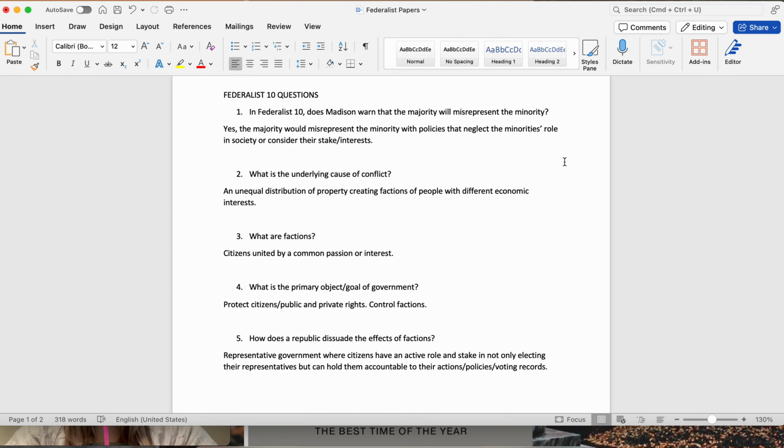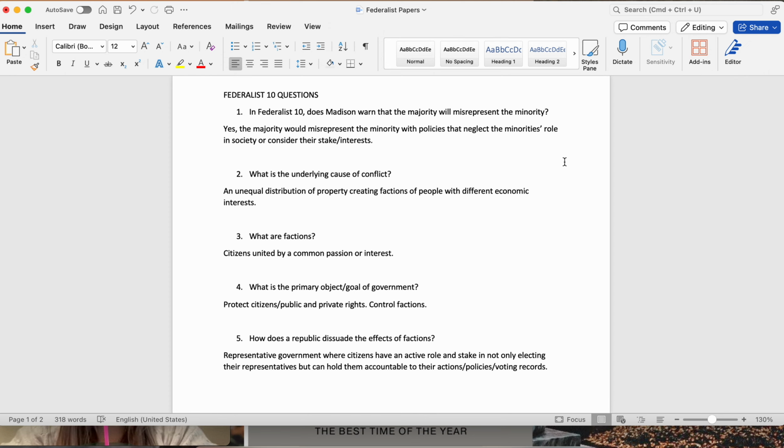It's an unequal distribution of property, creating factions of people with different economic interests. We're primarily looking at stuff like, if you have more assets, maybe you have more land, maybe you have a bigger house, that impacts how you might feel about property taxes, that kind of thing.